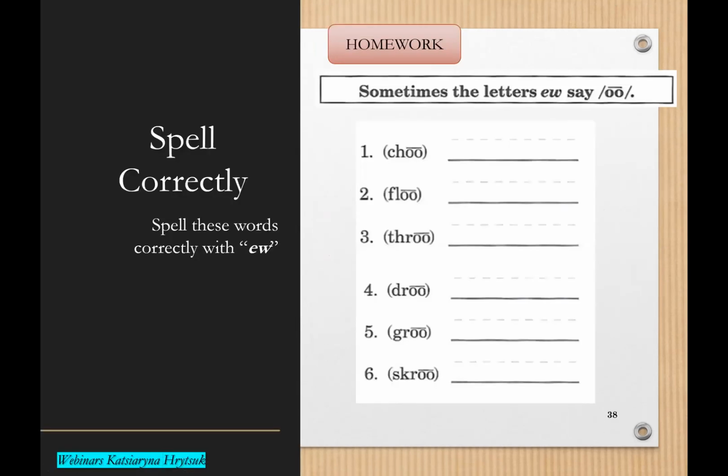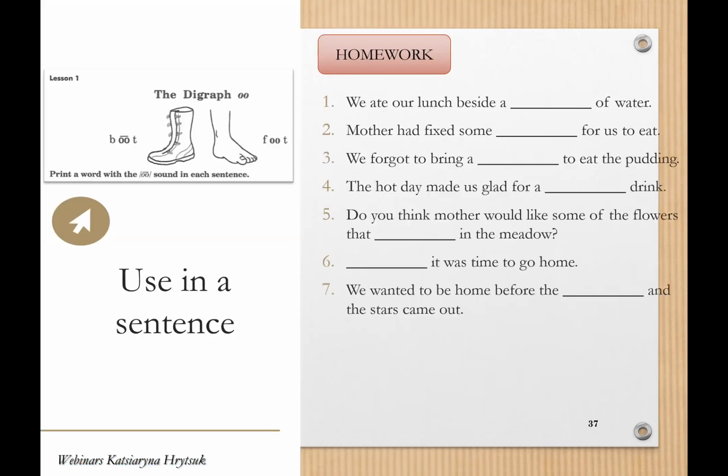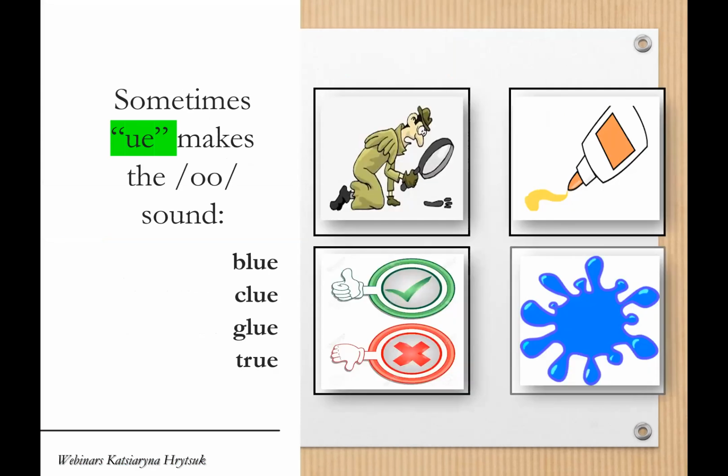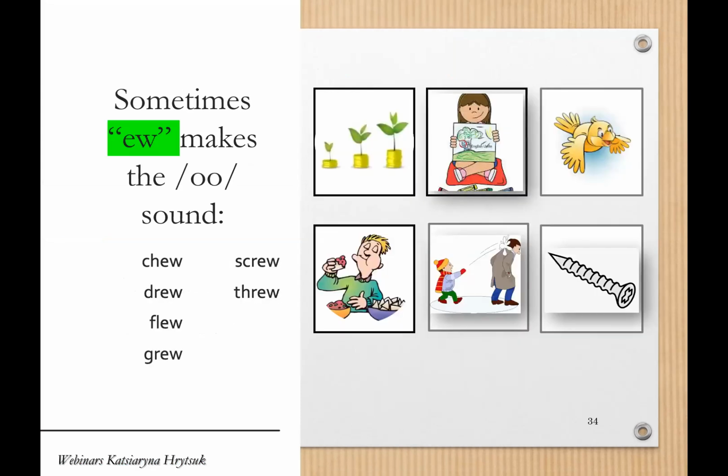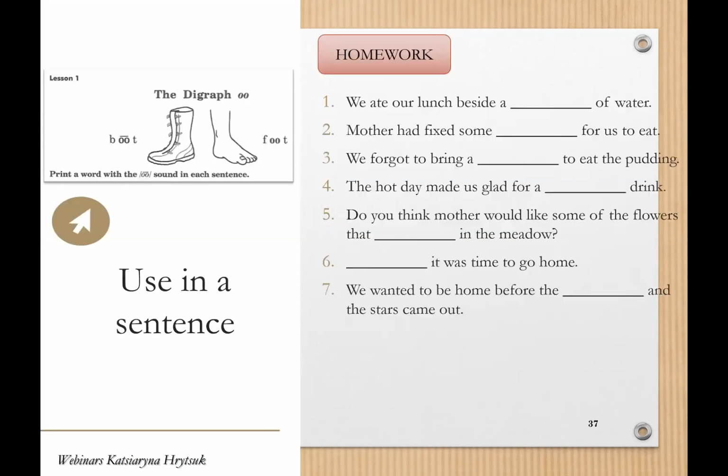Next homework, the same, sometimes the letters EW say U. You need to spell these words correctly with EW. So when you write chew, you need to write C, H, E, W, okay, flew, through, drew, grew, screw. That is something that can help you here, or maybe here, it depends. You need to find these words, okay?